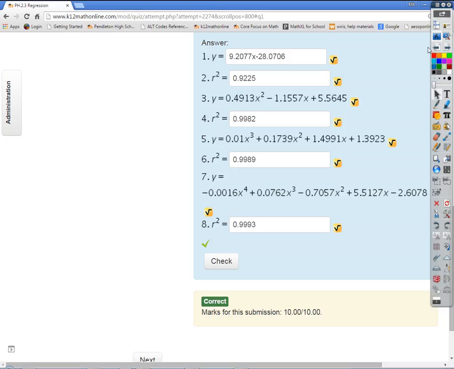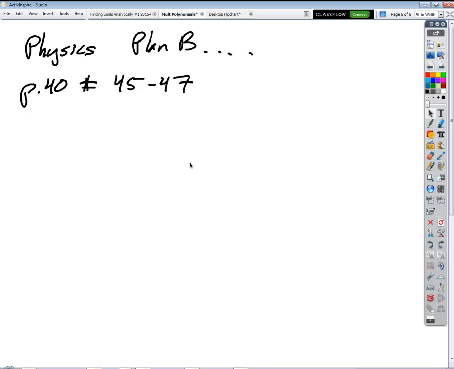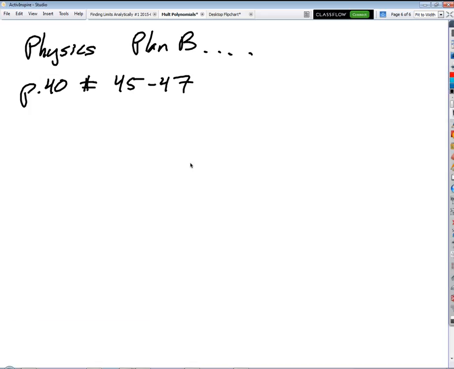Plan B for today is that you just get in groups of, how many we got? 1, 2, 3, 4, 5, 6, 7, 8, 9, 10, 11, 12, 13, 14, 15, 16. So how about 4 groups of 4?